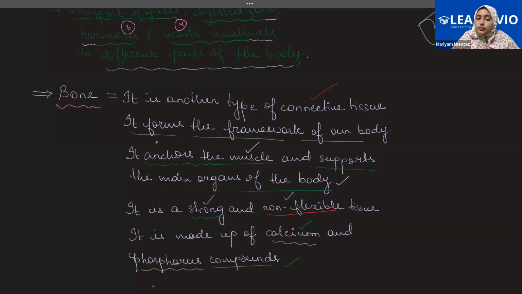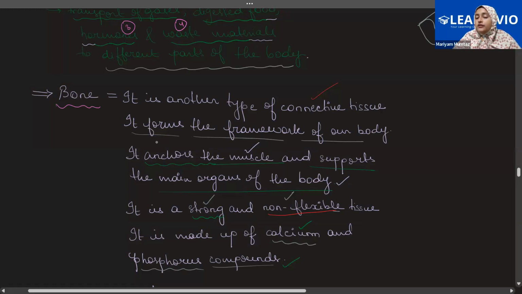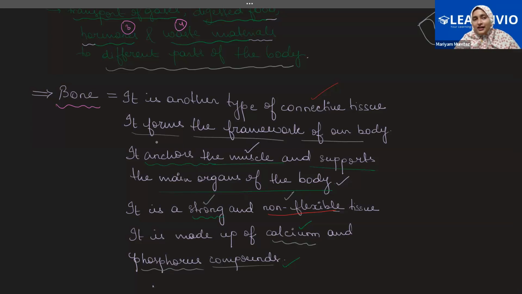Now, talking about bone, all of us know that bones are really strong, isn't it? They're really strong, and they are non-flexible in nature. For example, the forearm bone does not bend, isn't it?